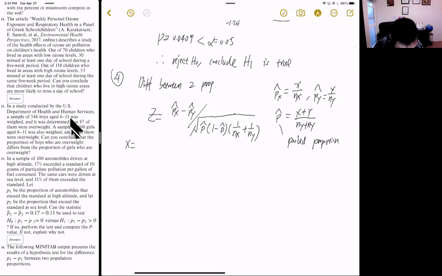Then write down x, so 87 boys overweight. The sample size for boys, nx. The sample proportion for px is 87 over 546.